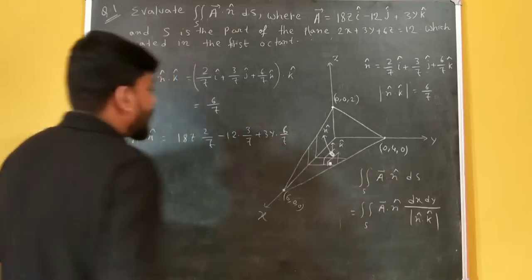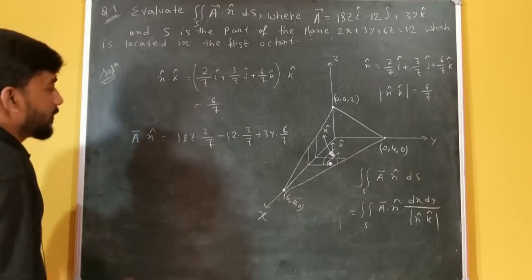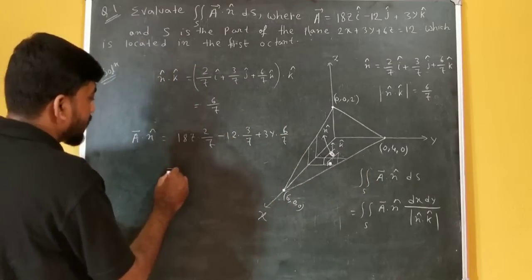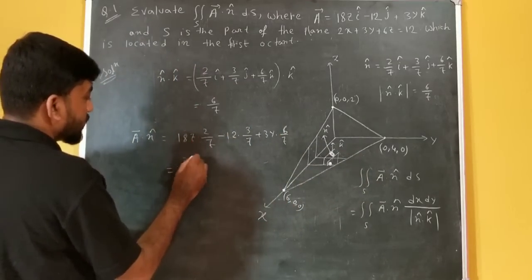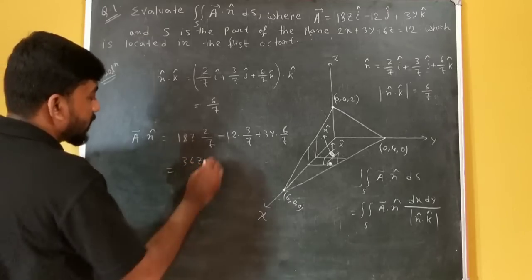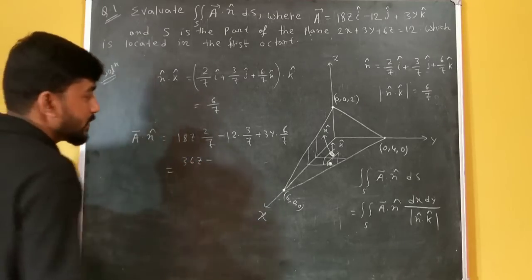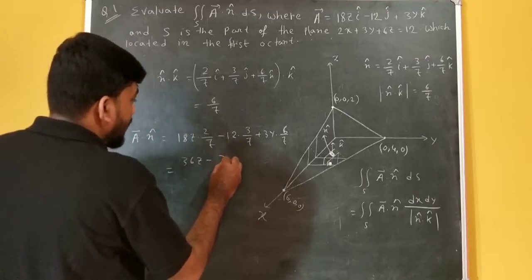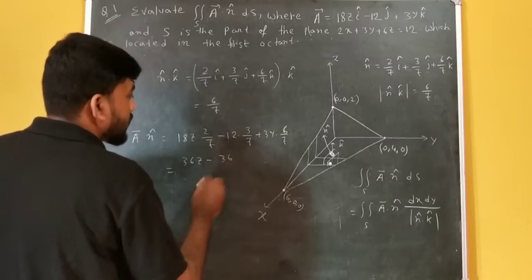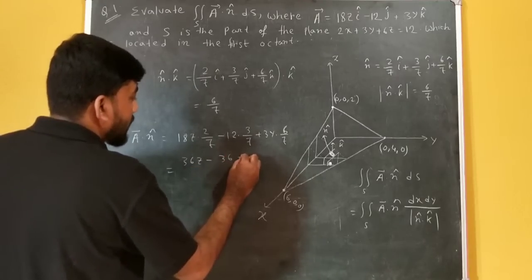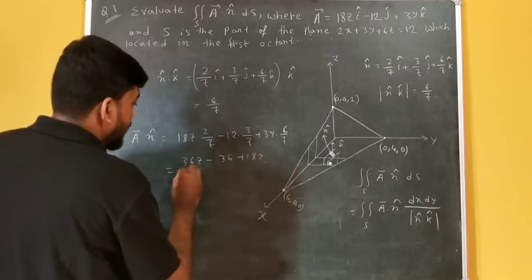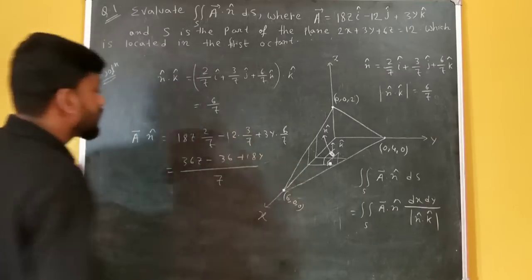This is just the dot product of these two. Now let me simplify this. It will be 36z minus 36 by 7, plus 18y divided by 7. So this is your a dot n cap.